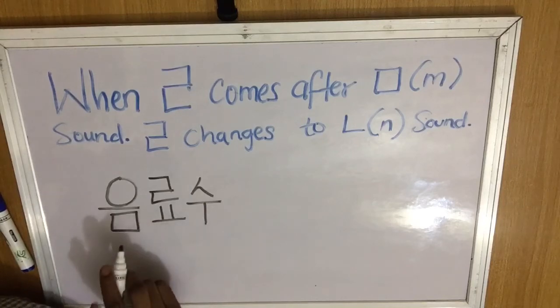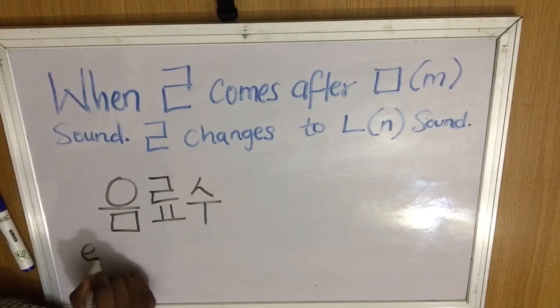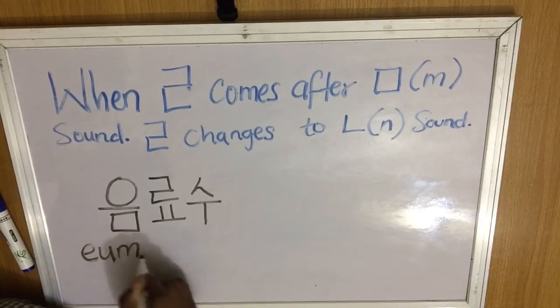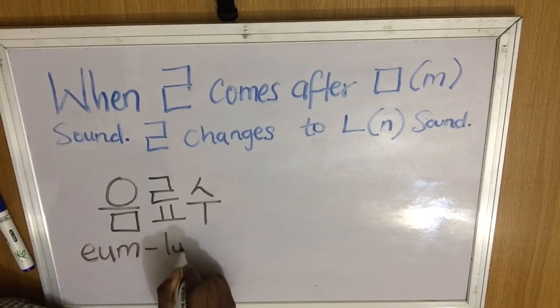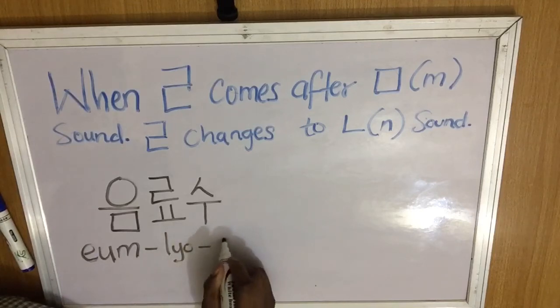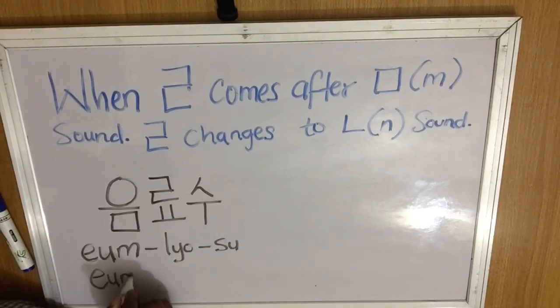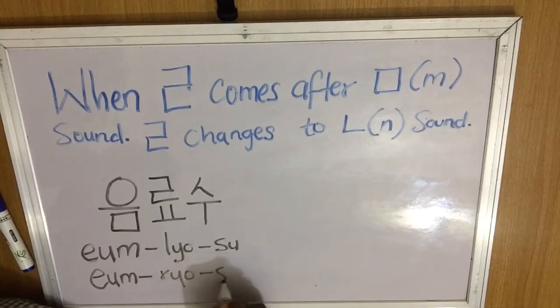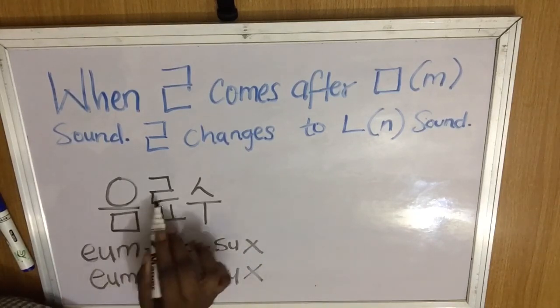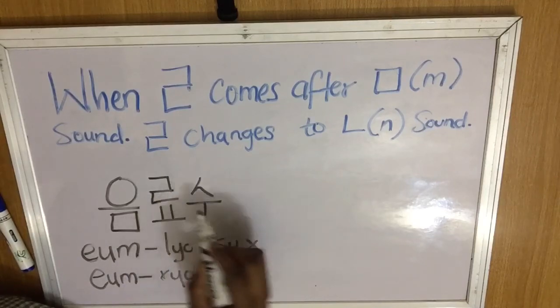Okay, so some people pronounce this as loi su or loi su. Both of them are wrong. M and lir make lir change into an M sound.